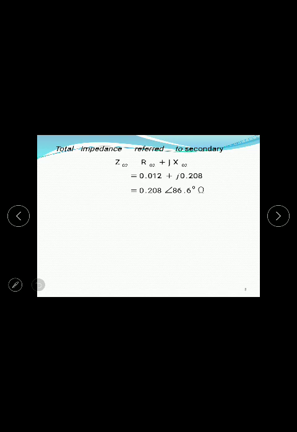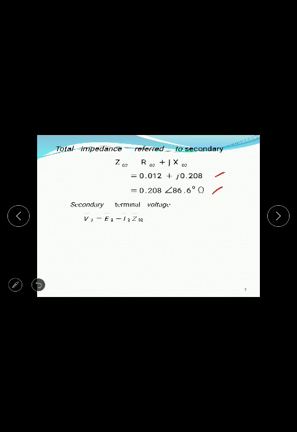The primary impedance is also referred to the secondary side, and Z02 is nothing but R02 plus jX02, that is 0.012 plus j0.208. Converting from rectangular to polar, we get 0.208 angle of 86.6 degrees.